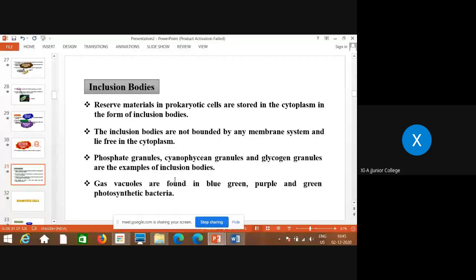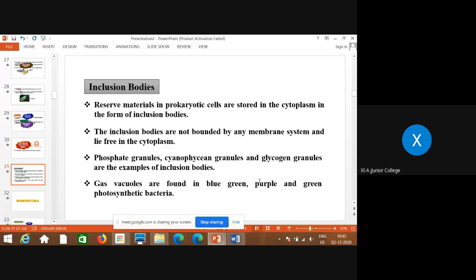Then gas vacuoles are found in blue-green, purple, and green photosynthetic bacteria. There are different types of bacteria, and depending on the color of the pigment they show, they are known as blue-green bacteria, also called BGA, that means blue-green algae. Then the purple bacteria, because they show that type of pigment, and green photosynthetic bacteria, because their pigment is green.